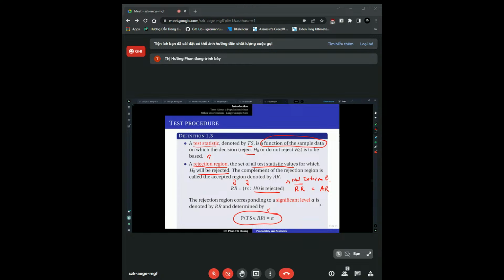And you can see that looking for the rejection regions is equivalent to solving these equations, and this equation is the probability of the random sample, the test statistic. To find the probability of the random variables, of course, we need to know the distribution of the random variable, right?